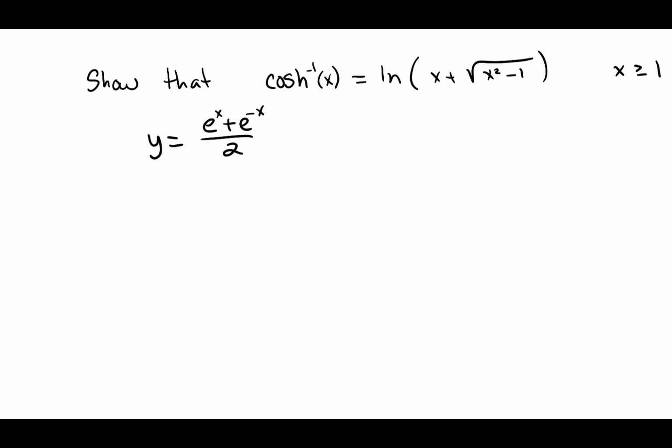But if we wanted to find cosine inverse, wouldn't that be that x is equal to e to the y plus e to the negative y all over 2? Swap your inputs with your outputs. You remember this? This would be step 2 of finding your inverses. That's all we did: we swapped our inputs with our outputs.